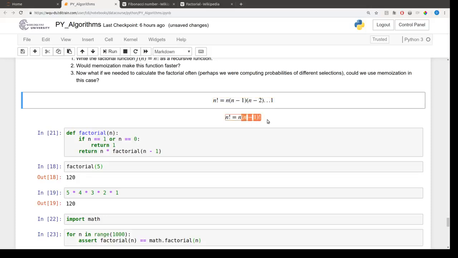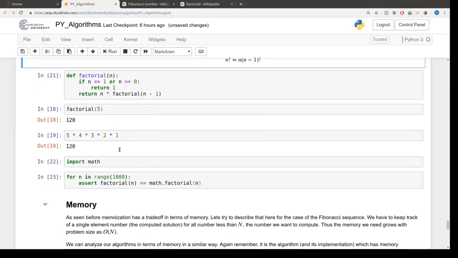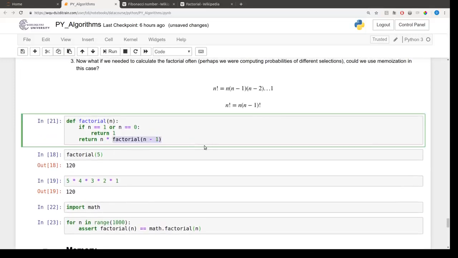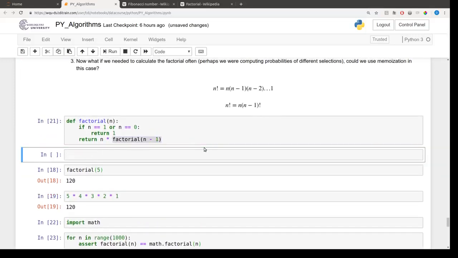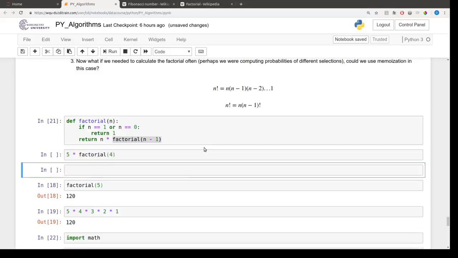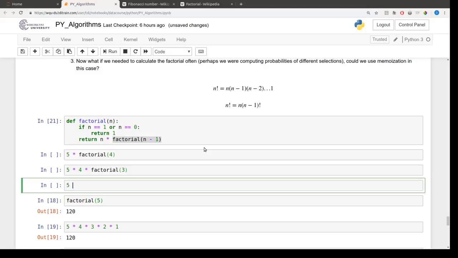We calculate each factorial in this chain of recursive calls exactly one time. Because 5 times factorial 4 becomes 5 times 4 times factorial 3 becomes 5 times 4 times 3 times factorial 2. We're not getting any repetition here.